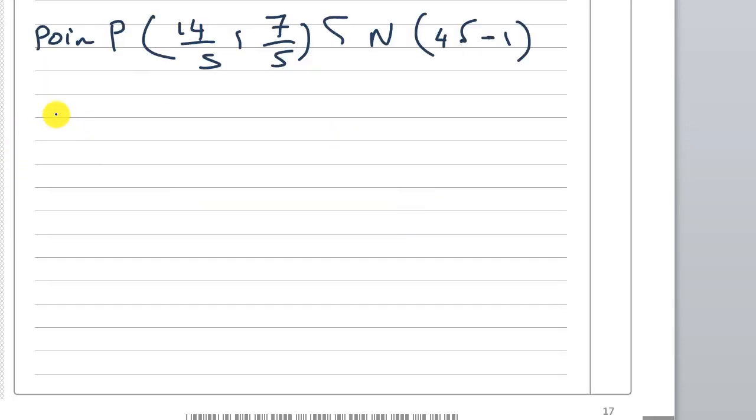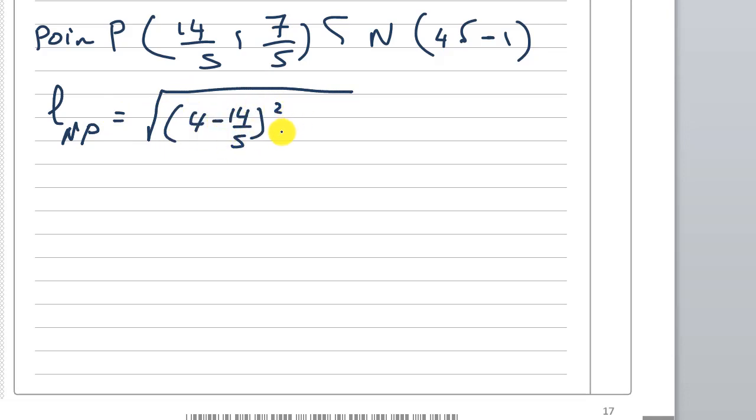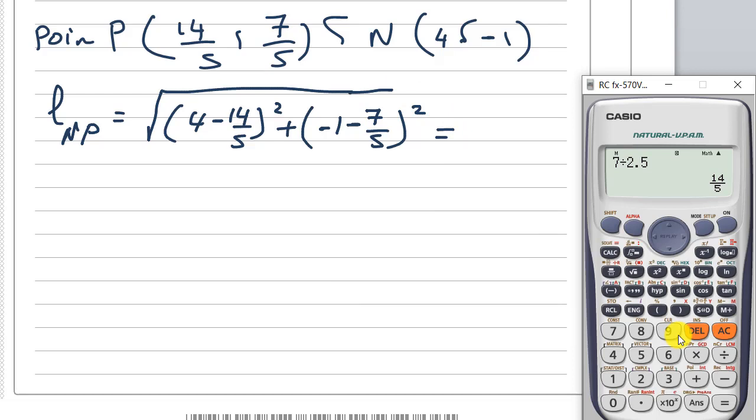So let us find the length NB, which is equal to the square root of (4 minus 14 divided by 5) squared plus (minus 1 minus 7 divided by 5) squared. So this is our radius. Let us find this radius.